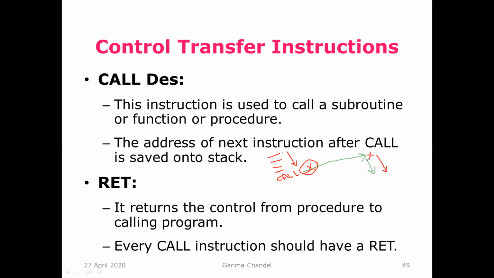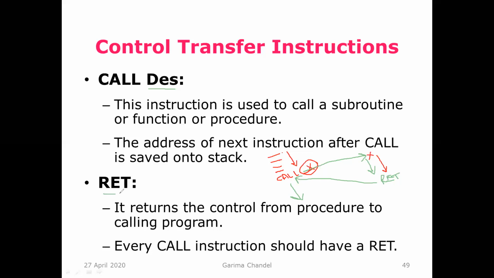And if we write a subroutine, it always ends with the return instruction. RET means the execution will continue from where the main program execution was left. It will return to the main program and start executing the instructions. So this is the call. So a destination address must be there.